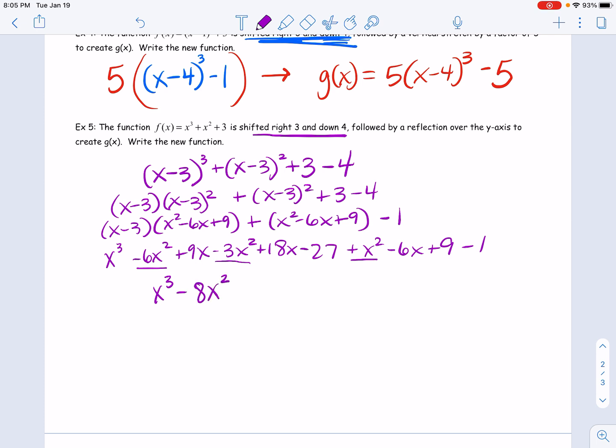And then I have 9x, 18x, and negative 6x. So 9 minus 6 is 3, 18 plus 3 is 21. And then I have my negative 27, my positive 9, and my negative 1. So that's going to be a negative 19. So this is my function after doing these two transformations.